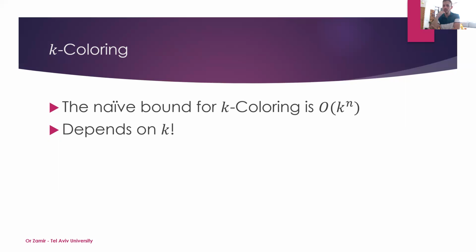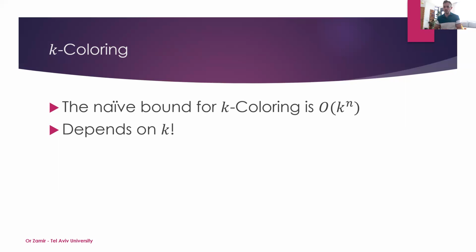So what is this difference? The difference is that in the case of SAT and K-SAT, the exhaustive search algorithm always took 2 to the n time. The size of the solution space, the size of how many assignments we need to check, didn't change as k grew. It was always 2 to the n.